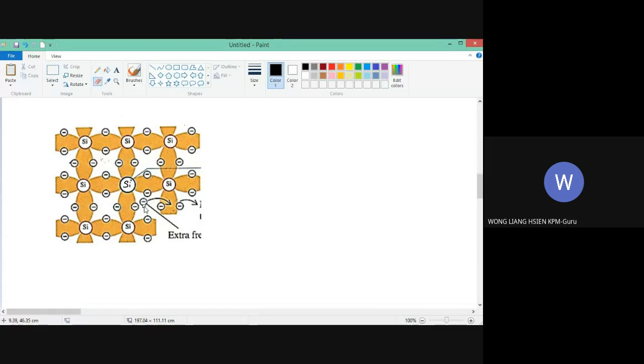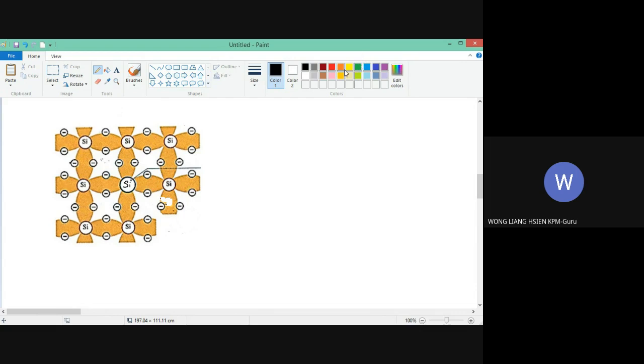You see, silicon has only 4 valence electrons. Because silicon has only 4 valence electrons, when the silicon atoms arrange together, what happens is they would share the electrons with each other.